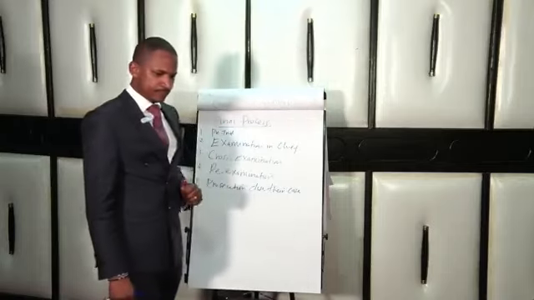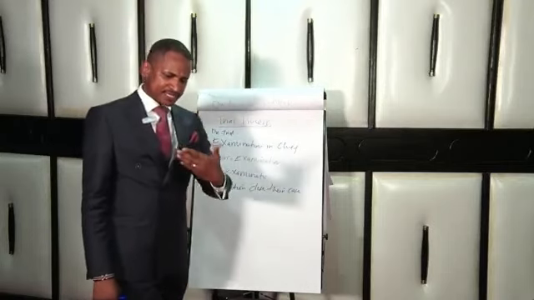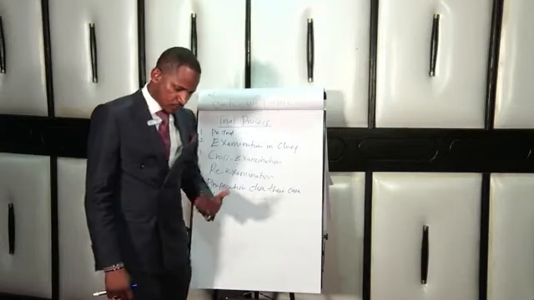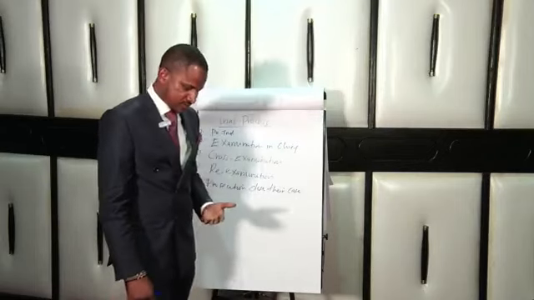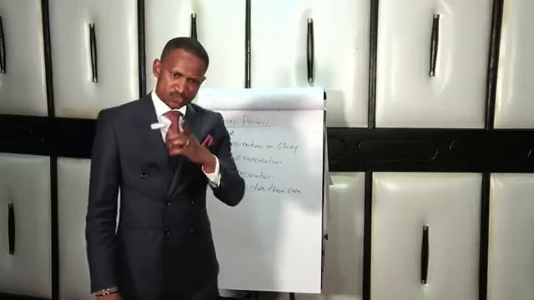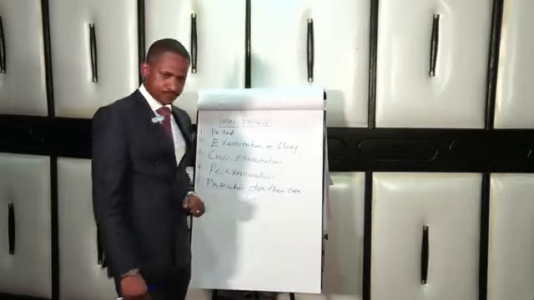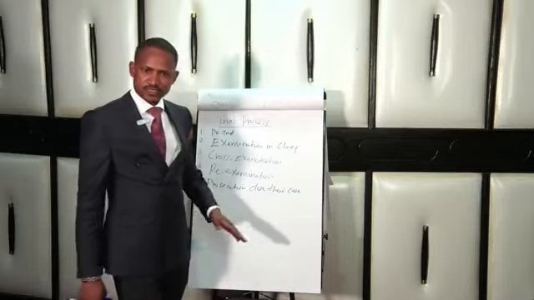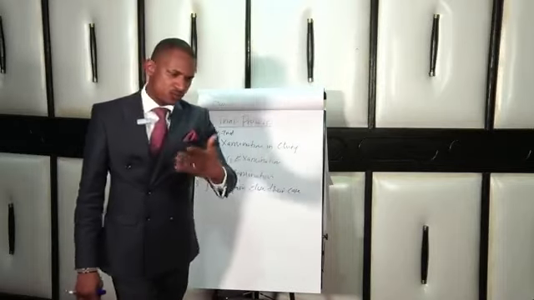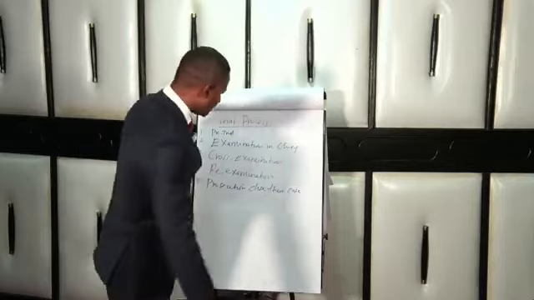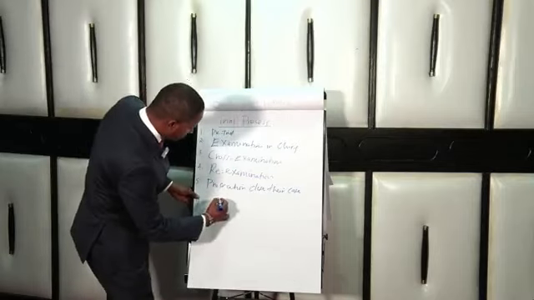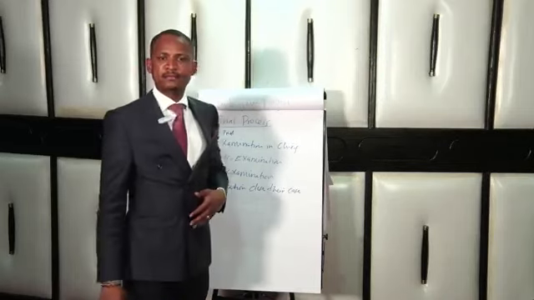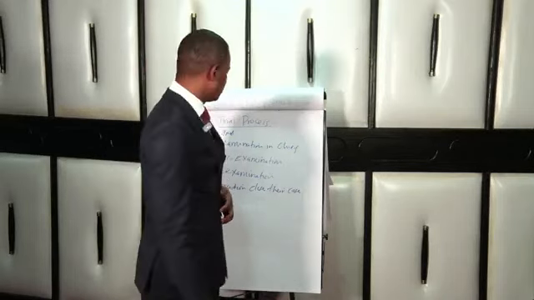And that ruling will show whether there is a case to answer or not on a prima facie basis, on face value. A common case in that is the case of Bhatt versus the Republic.